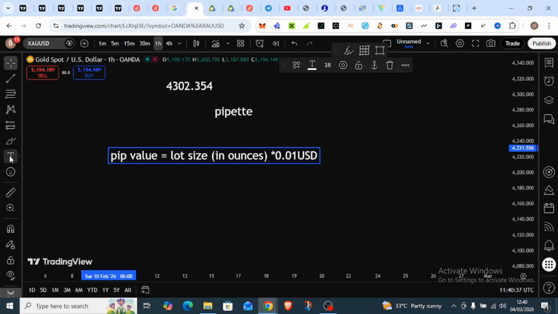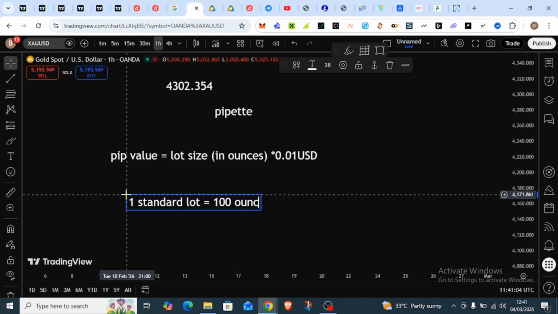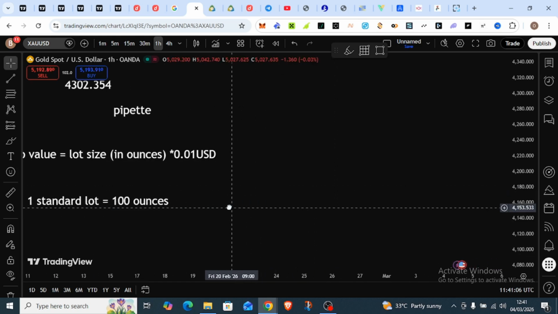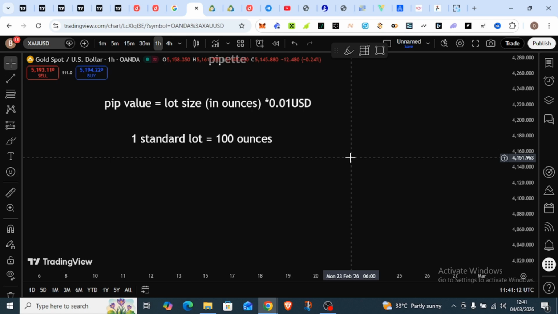You know that one standard lot size is equal to 100 ounces. So let's state it. One standard lot is equal to 100 ounces. I'll also give you another formula so that you can put all these things together.